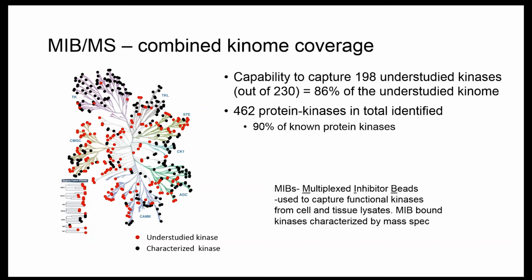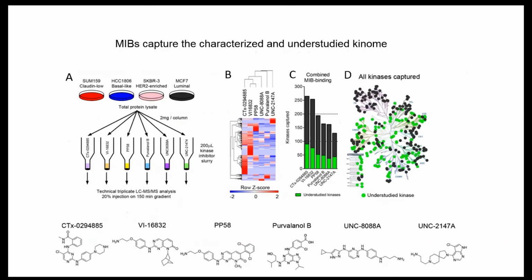And we can capture more than 450 kinases in total. If we look at all the cell systems that we've studied, we are able to capture 90% of the known kinome. I'm going to give you a little bit of data that we've done with breast cancer, but we've done this in a number of other systems as well.